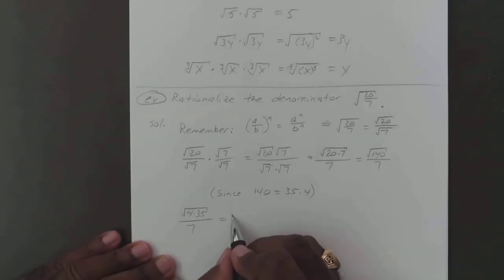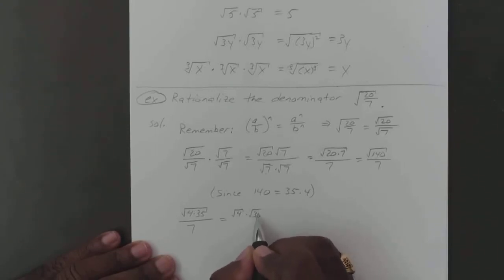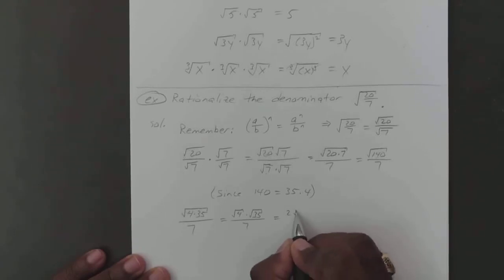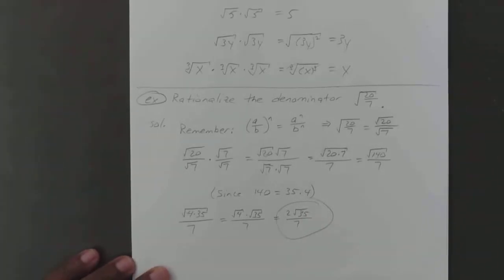Once we separate those, we have square root of 4 times square root of 35 over 7, and square root of 4 is 2, so we just make that 2 square root of 35 over 7. All right, so any questions on that one?